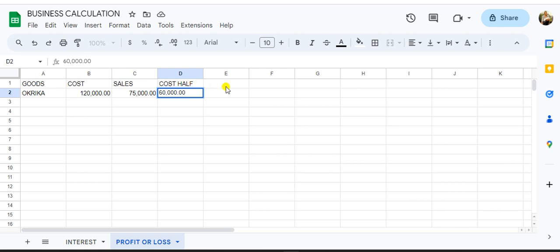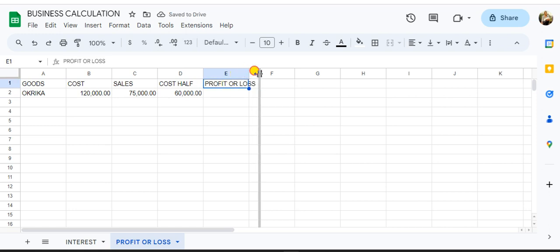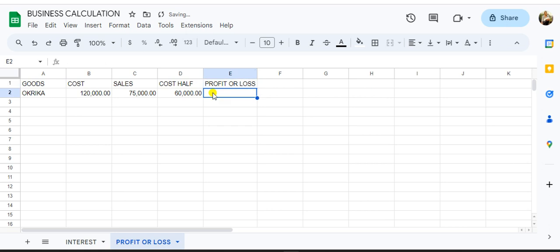So how do you determine your profit or loss? You are not going to minus how much you sold from here.